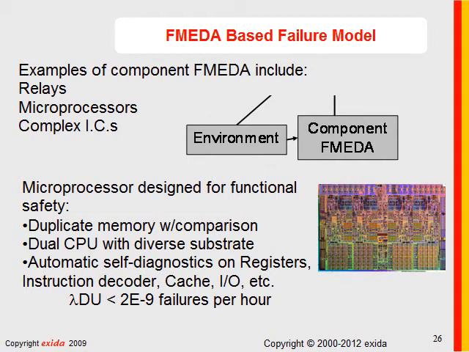Whereas a typical microprocessor might be sitting in the range of 60 times 10 to the minus 9 failures per hour. These particular components and the FMEDA results on such components also go into the component database, both in specific model number form and in generic form.